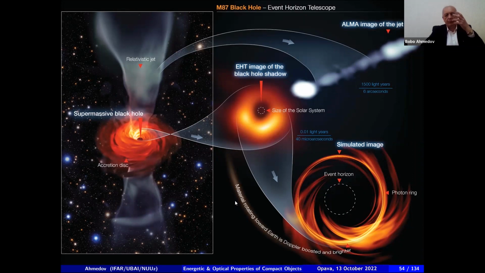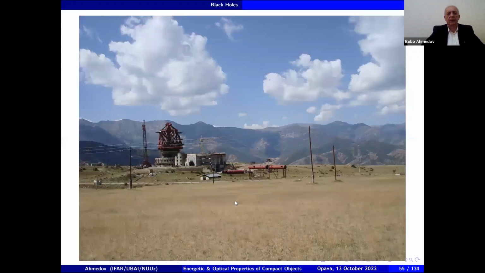The imaging of the black hole gives the opportunity to measure the spin of the supermassive black holes in the center of our galaxy or in the center of Messier 87. Here you see the photo of the Suffa plateau.